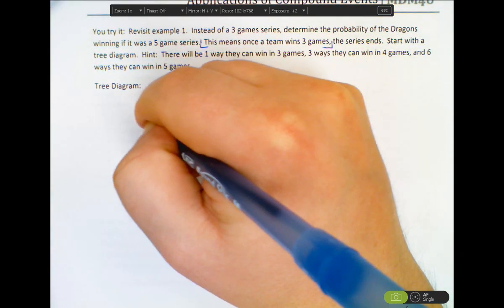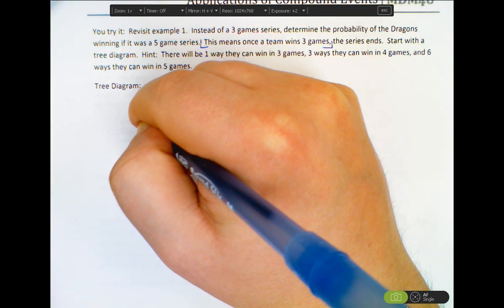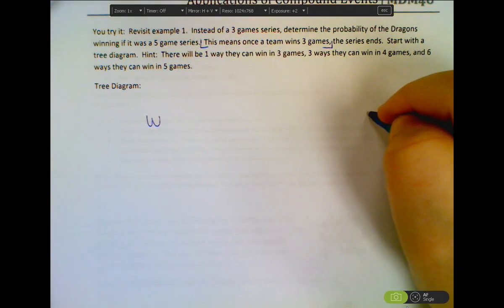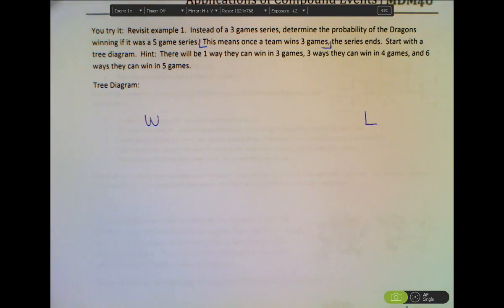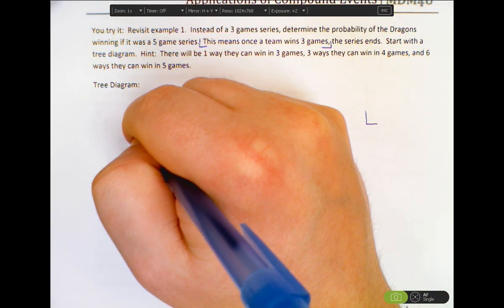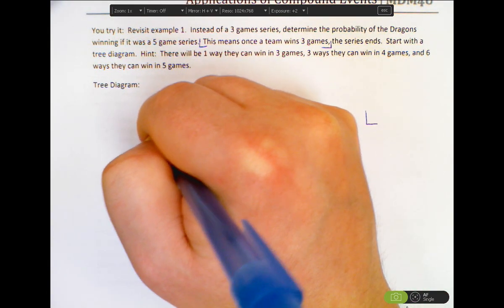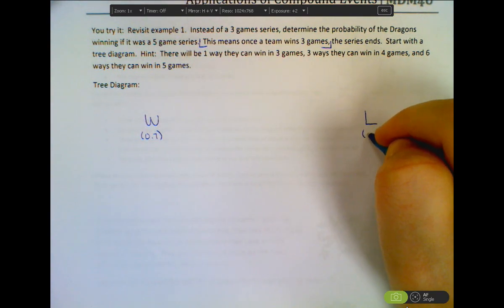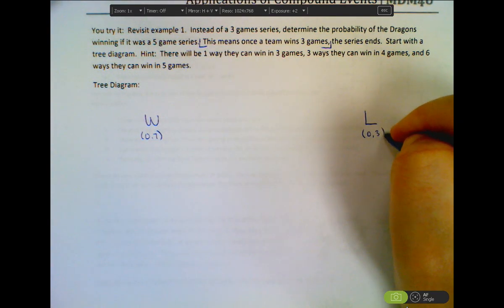I'm going to leave a lot of space between my 2 sides, win-loss here, just because this tree diagram is going to get pretty big. So 0.7, 0.3.